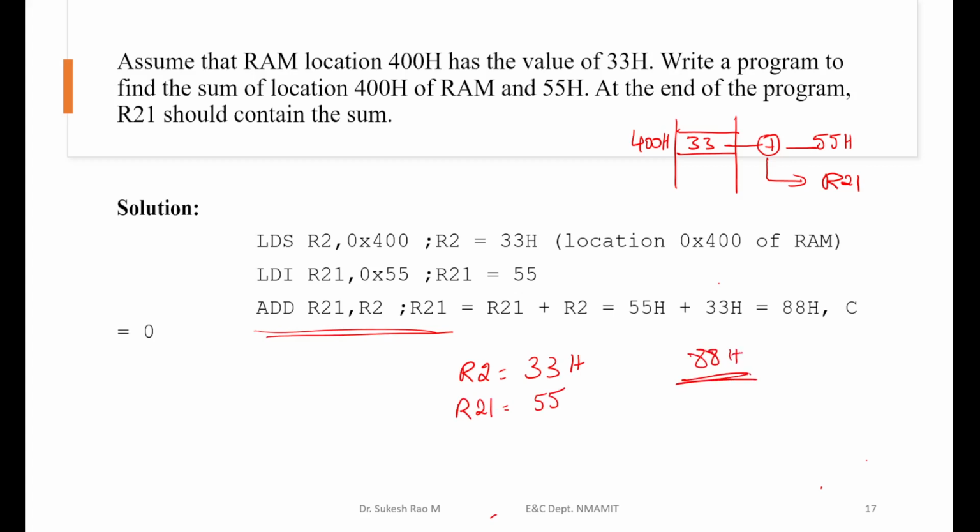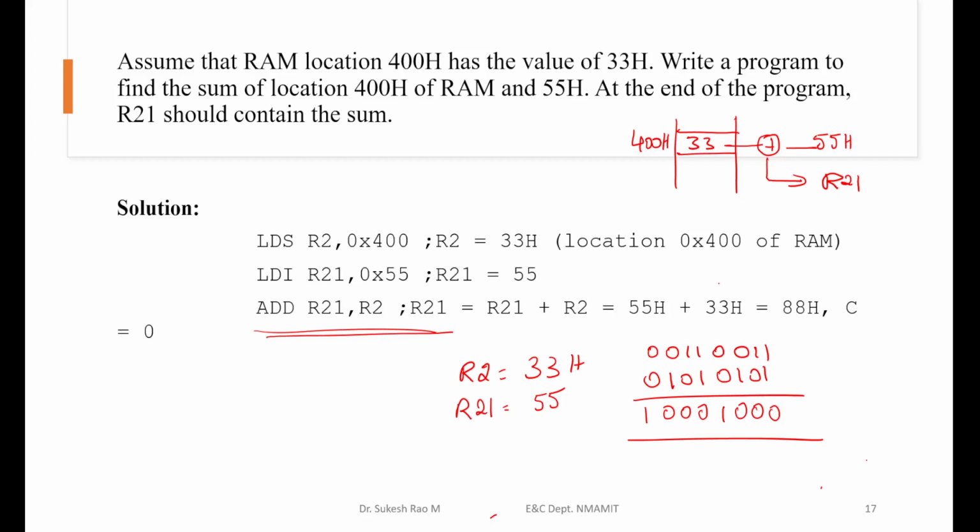So how do you find the status of the flags? You need to work this out bitwise. I'm going to write 0 0 1 1 0 0 1 1, that is 33, and 0 1 0 1 0 1 0 1, that is 55. If you add this content one by one, 1 plus 1 is 1 0, and so on.